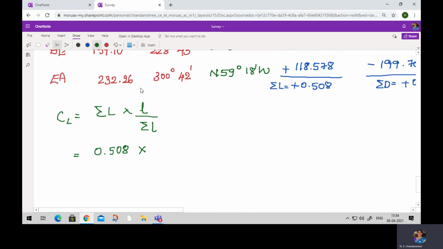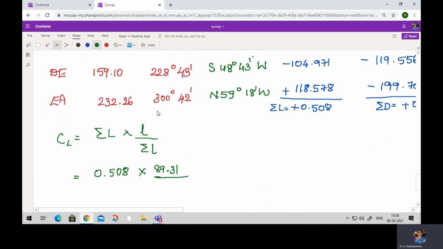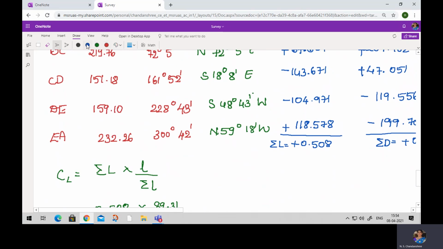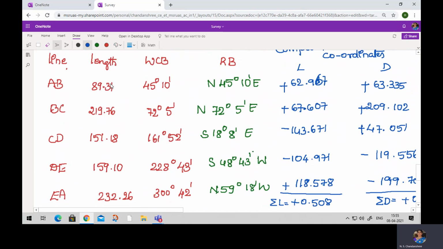The denominator is the perimeter of the traverse. The perimeter can be obtained by adding all the values of the lengths of the lines.